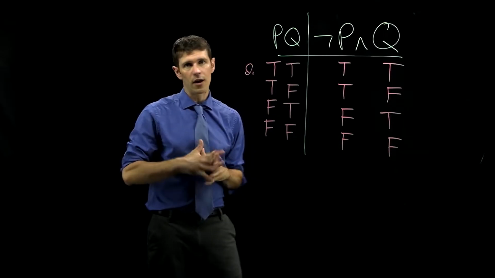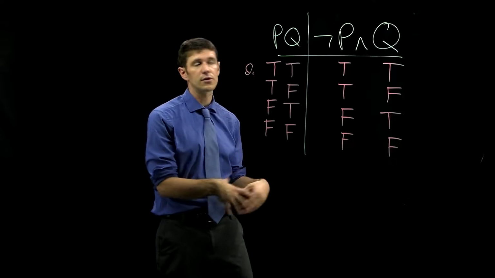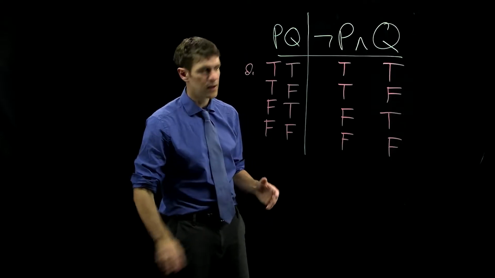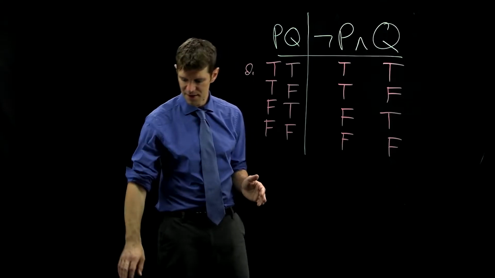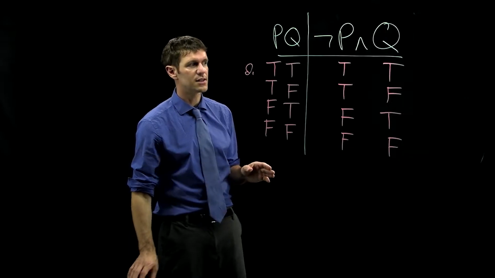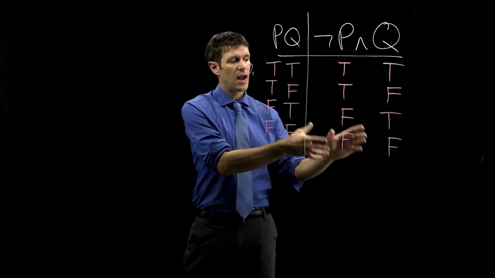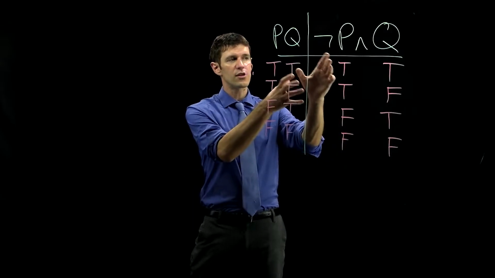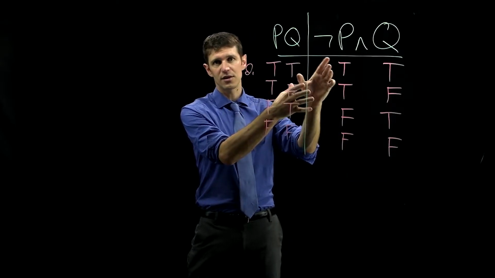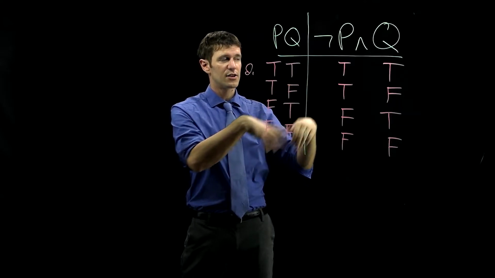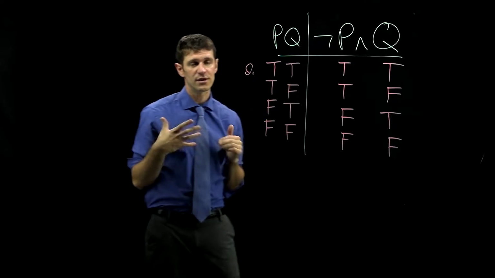Now, the next step is often the most tricky for individuals who are first starting out with truth tables, and that is, what do I do next? What you would do next is take these truth values that you have and use them with the valuation function associated with these operators to determine the truth value of the subformulas.